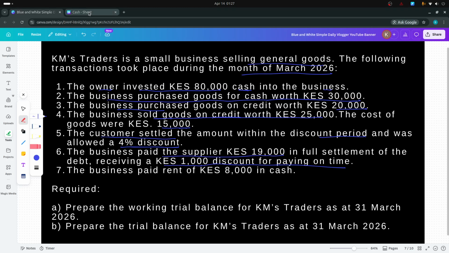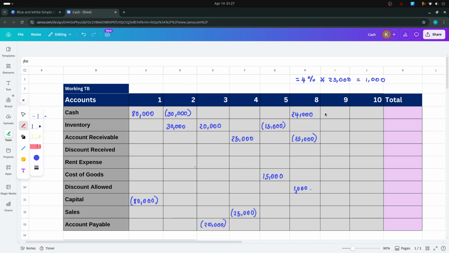First, paying, we paid 19,000, which is a decrease to our account because we are paying the supplier. So credit 19,000. One thing you need to note, you're also getting a discount from this, which is saving you 1,000. And that is what we call a discount received, because we are receiving it from the supplier.